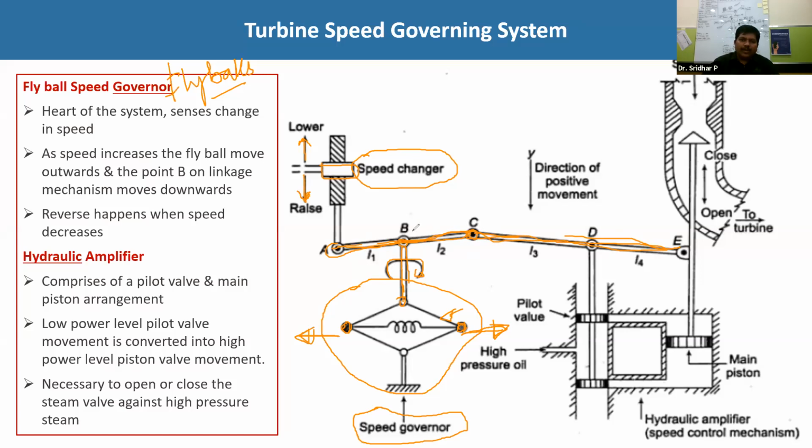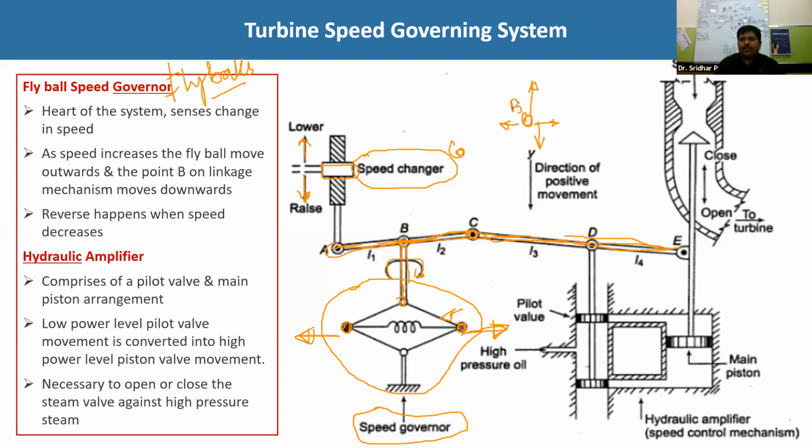What does a pivoted point mean? Suppose we are taking any point like this. It will be allowed to move only in the up and down direction. It will not move left or right.